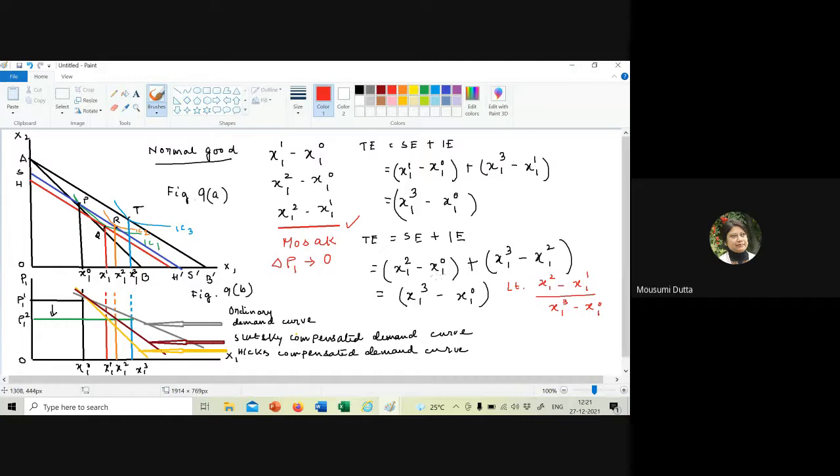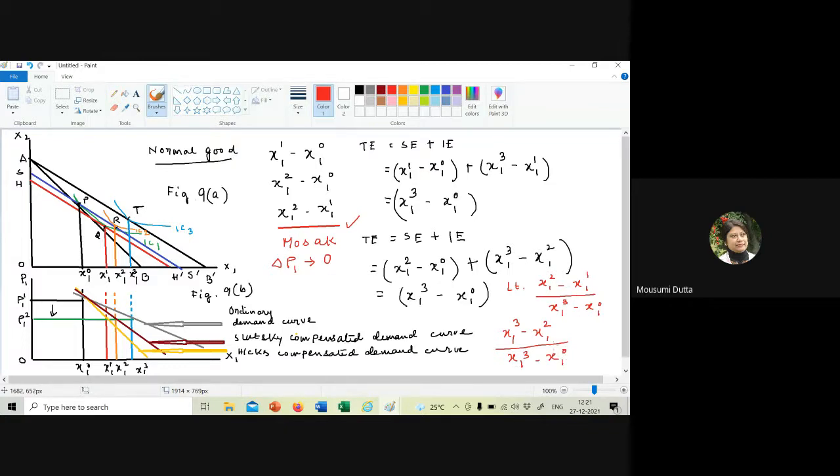but the limit of say x13 minus x12 divided by x13 minus x10.